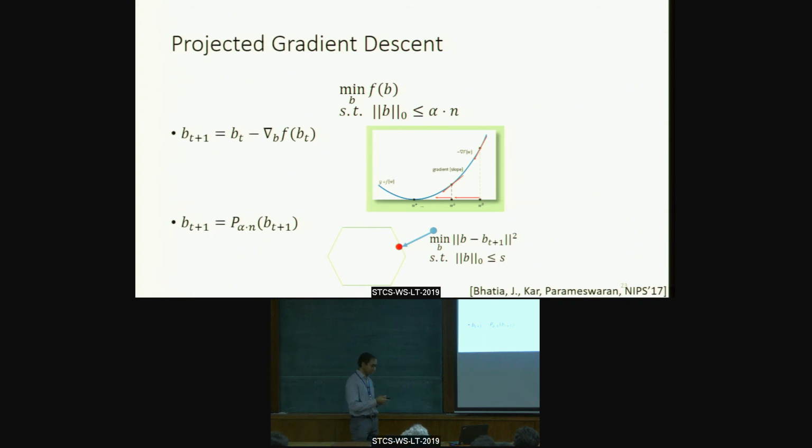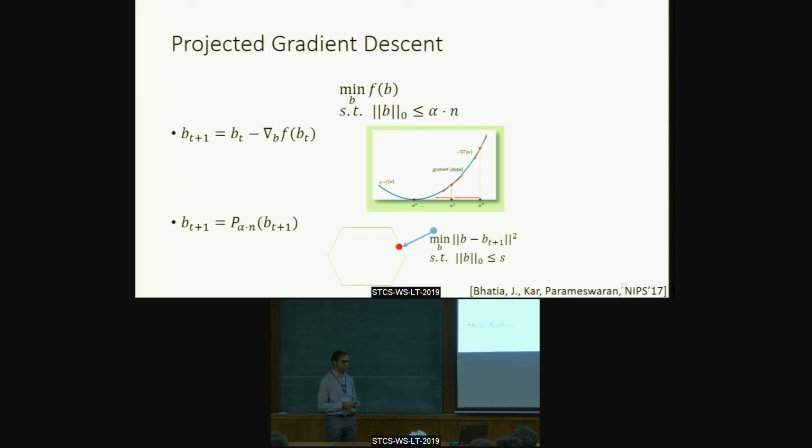All you have to do is sort this vector BT plus 1, take the largest S elements, let's say S is alpha n, take the largest alpha n elements and threshold everything else to 0. So that will be an alpha n sparse vector and it will be the optimal vector here. Again, a very simple algorithm. It's very easy to implement because each of these steps is order ND and the projection is also just order N.